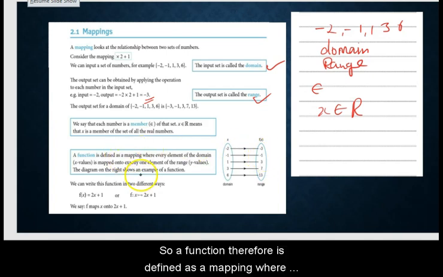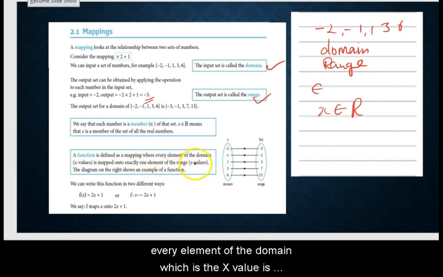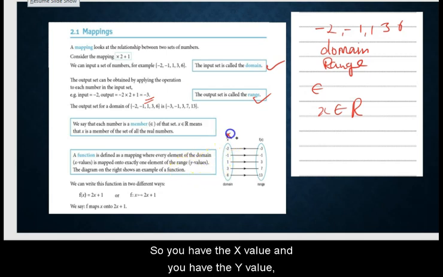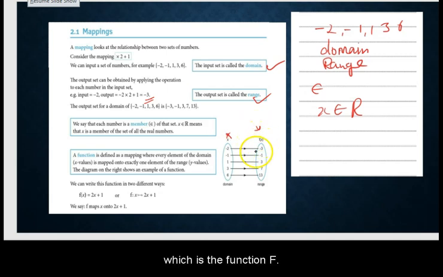So a function, therefore, is defined as a mapping where every element of the domain, which is the x value, is mapped onto exactly one element of the range, the y value. So you have the x value and you have the y value, which is the function f of x.